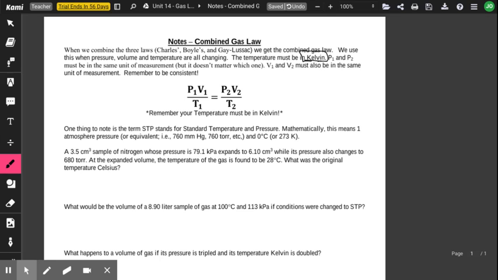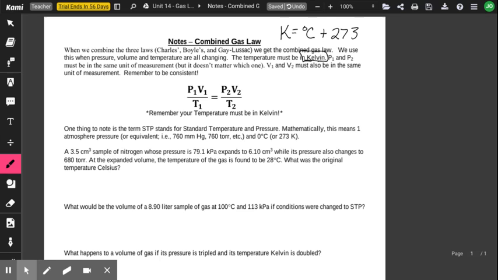Okay? If you're solving for it in Celsius, you're not going to get the right answer. So always make sure you convert into Kelvin. Now remember, for converting into Kelvin, Kelvin equals your degrees Celsius plus 273. Okay, so it's a very easy conversion, but it is something that you do have to remember to do every single time.